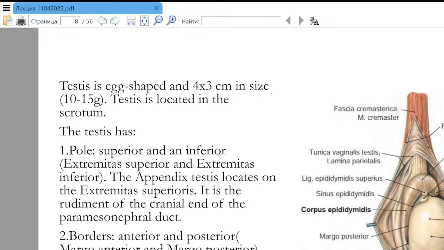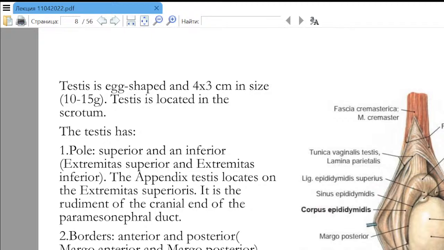The testis is egg-shaped and four to five centimeters in size. The testis is located in the scrotum. The testis has two poles, superior and inferior: extremitas superior and extremitas inferior.